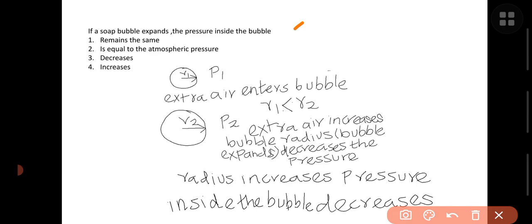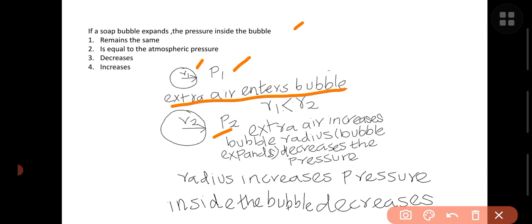Now, when the bubble has the radius r1, inside the bubble let us assume the pressure is P1. When extra air enters the bubble, the bubble radius will be bigger. It has the radius r2 and inside the bubble the pressure is P2.